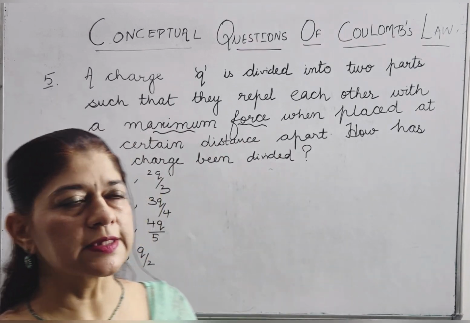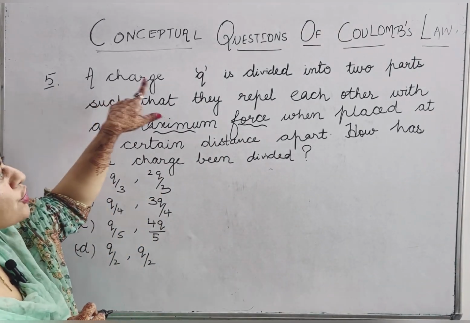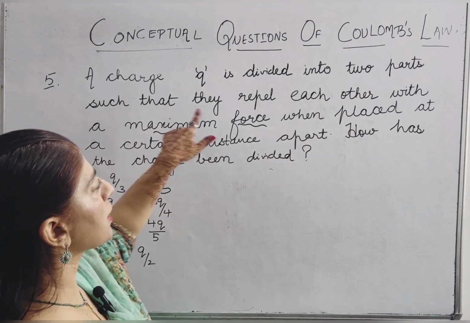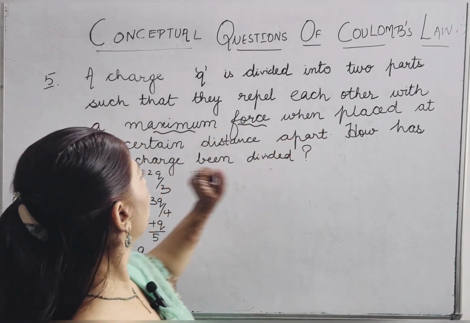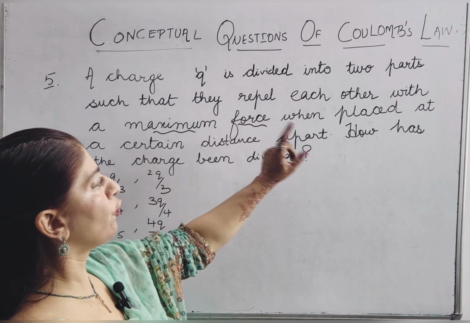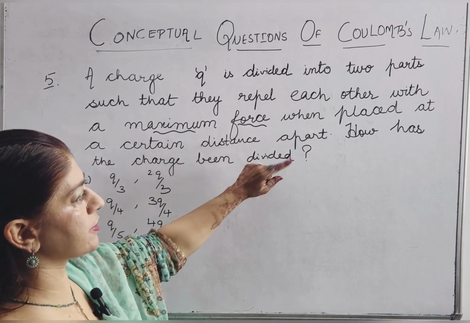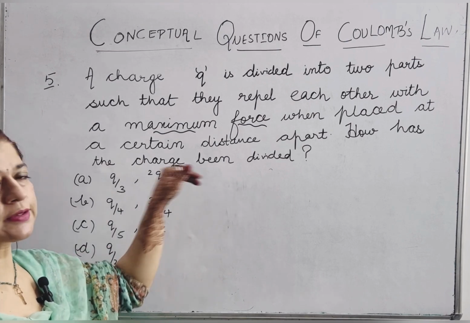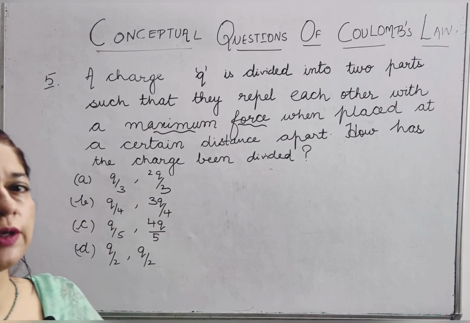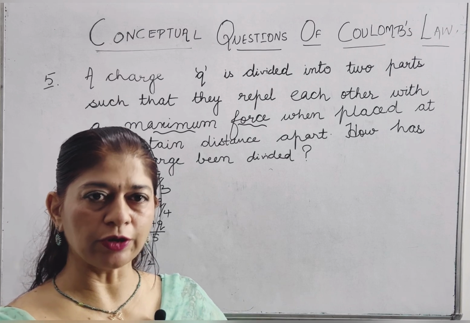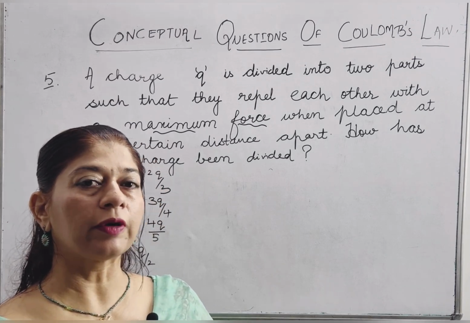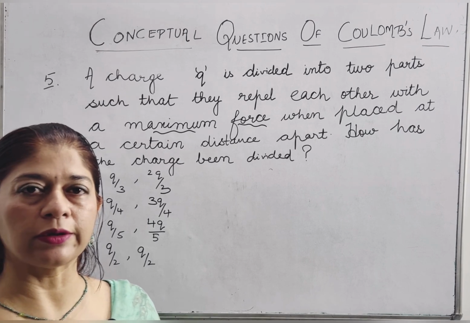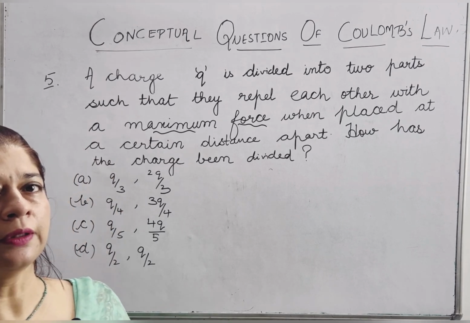Now the next conceptual problem. A charge Q is divided into two parts such that they repel each other with a maximum force when placed at a certain distance apart. How has the charge been divided? In this statement, it is given that a charge is divided into two parts such that they repel each other with a maximum force, and we want to find out how that charge has been divided.